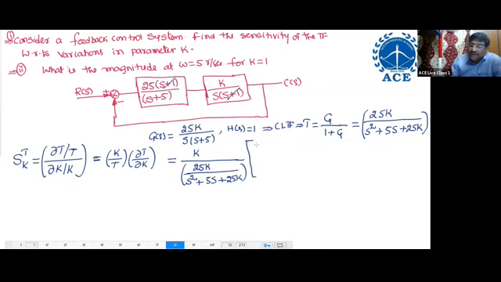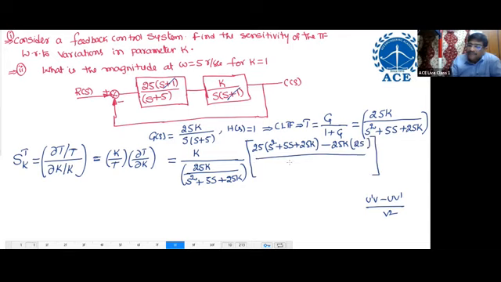So what will you get? It is in u by v form, so the differentiation is (u dash v minus u v dash) by v square. u dash, with respect to k, becomes 25 into v, where v is s square plus 5s plus 25k, minus u, which is 25k, into v dash. v dash with respect to k: s square becomes 0, 5s becomes 0, 25k becomes 25.